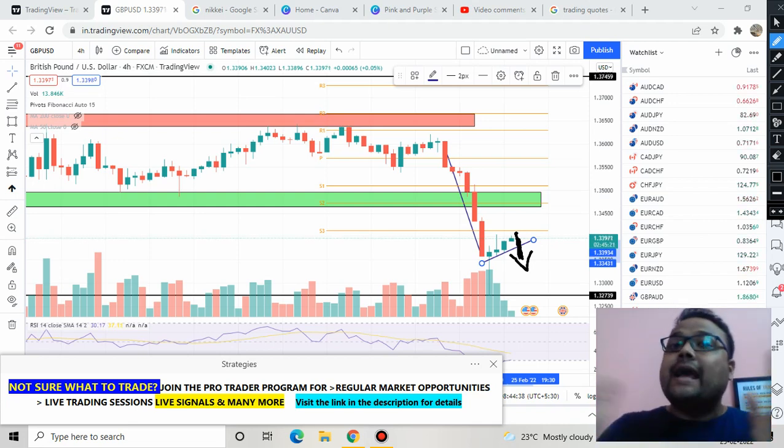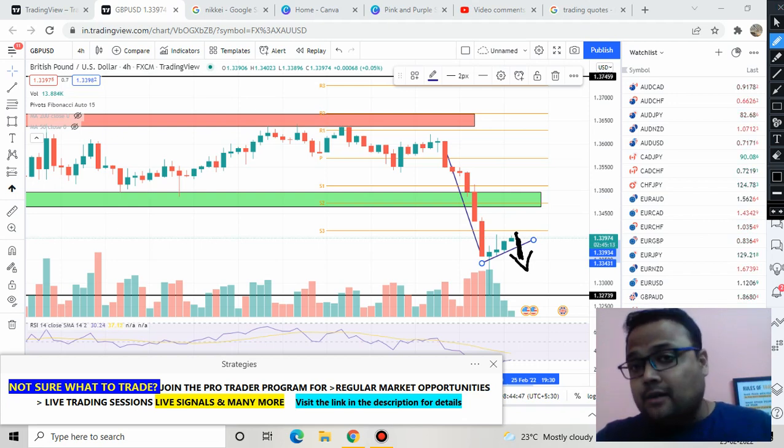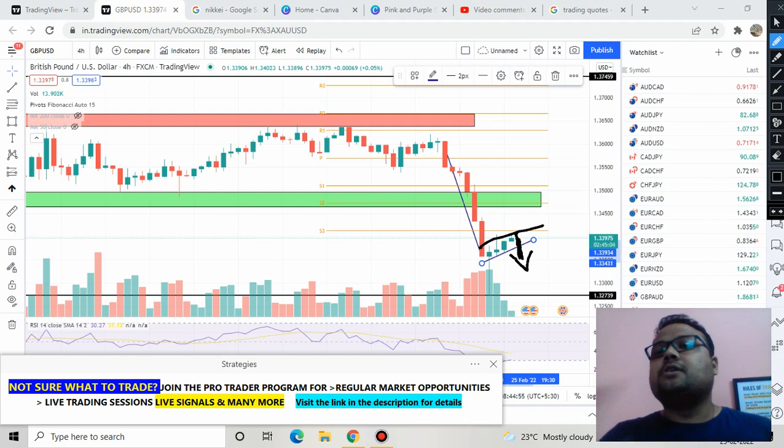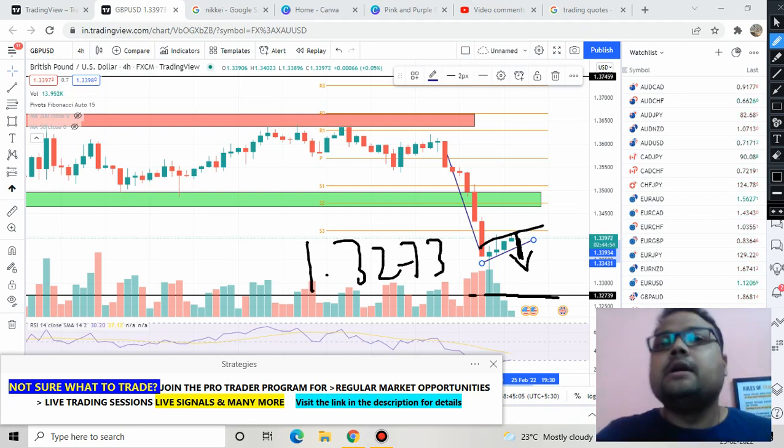But still, it's very risky. Again, I'm saying if you can afford to take risk, if you have considerable experience in the market, then that's a different chapter. You can take a buy position right now, or you can take a sell position if the market breaks this bearish flag, but otherwise this market is not at all good. If the market comes down to the level of 1.3273, the low made by the market yesterday, then you can observe the market and see.